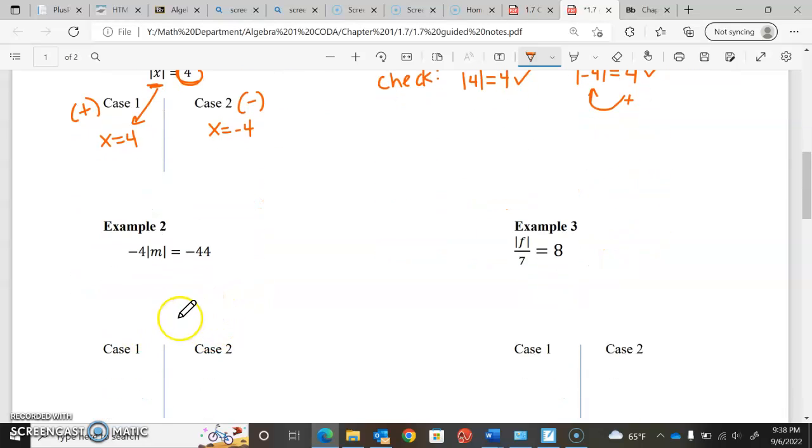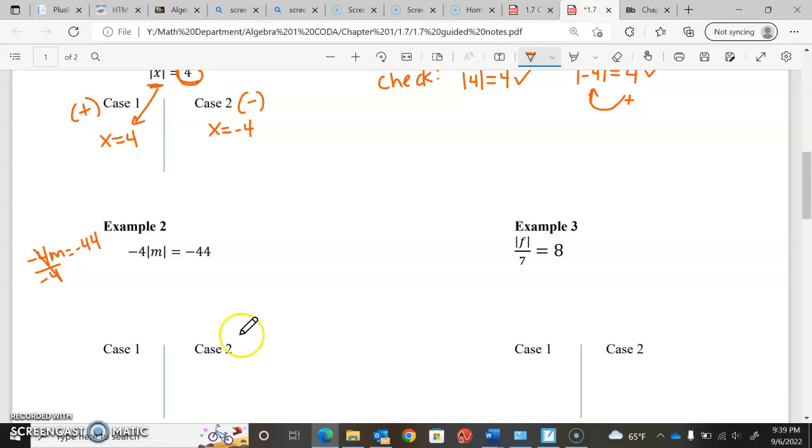All right, now we're going to add some layers here. So example 2, notice the absolute value of m is not isolated on the left. So what you want to do is think about this if you didn't have absolute value bars. If it was just -4m equals -44, how would you get m by itself? You divide by -4, right?